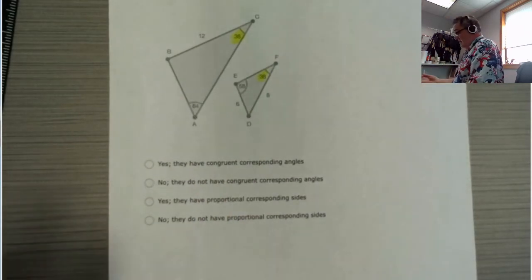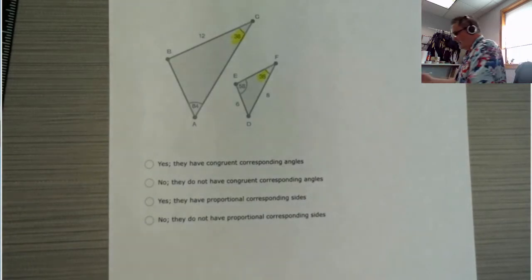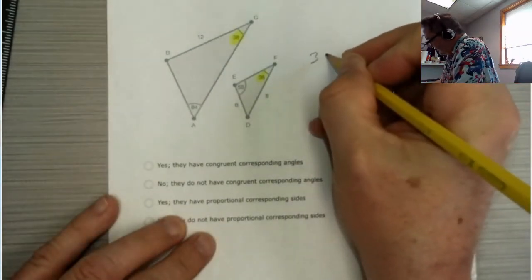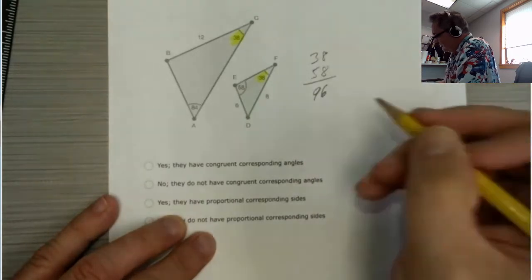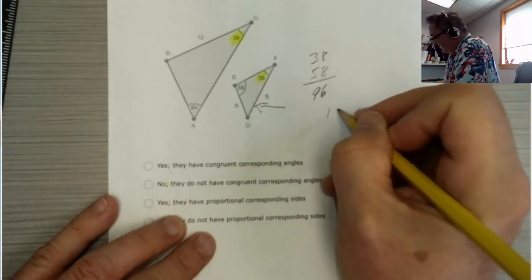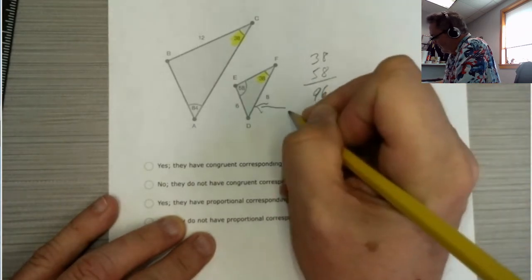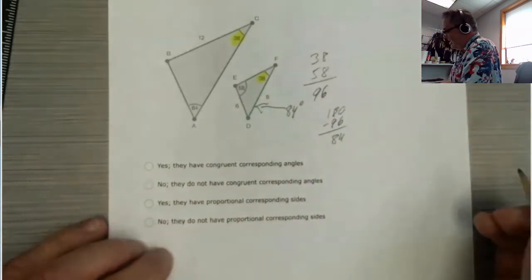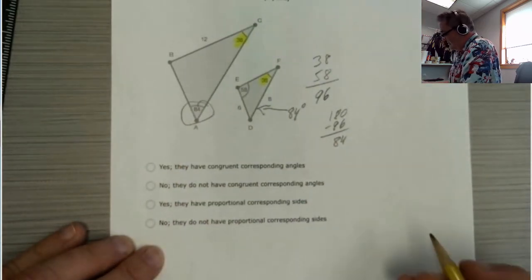Well, we know the triangle sum theorem says that all triangles add up to 180. So if this one is 38 and 58, that adds up to 96. So this other one must be 180 minus 96, or 84 degrees, which corresponds with this one, which is 84 degrees.